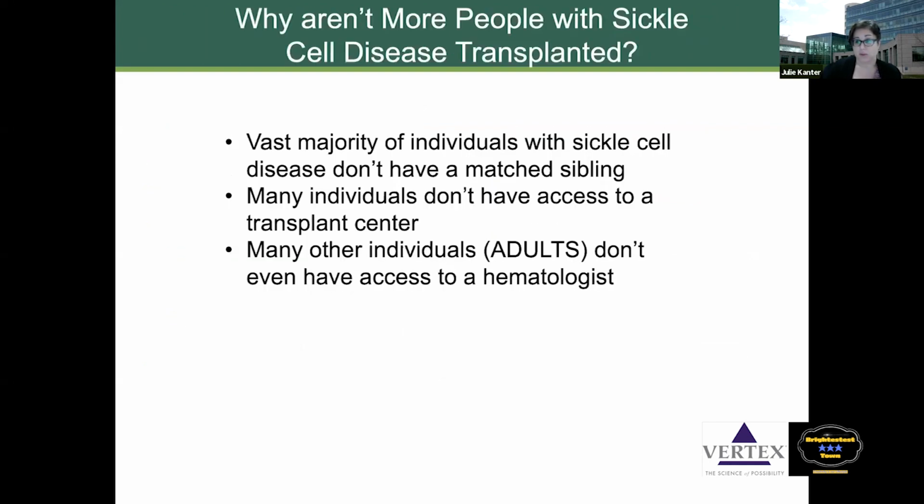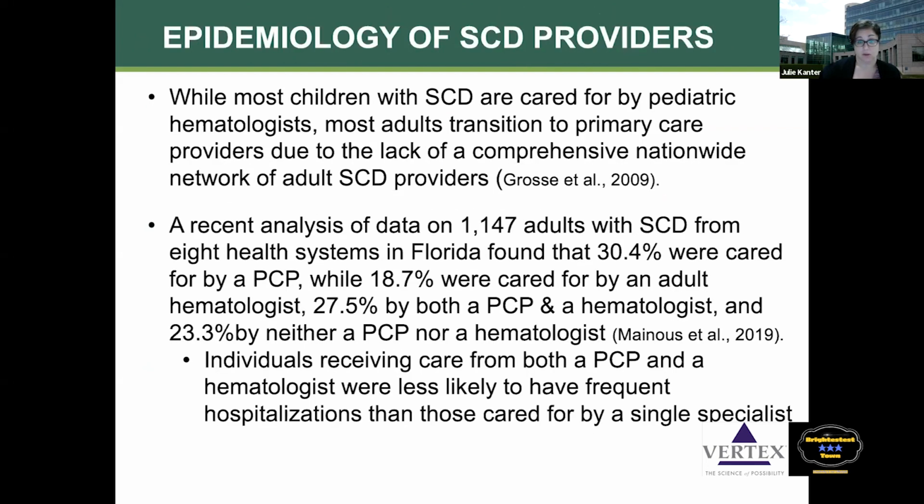So of course, the other problem is many individuals don't have access to a transplant center, and many adults don't even have access to a hematologist to get advice on optimal therapies. It's important to note that a recent analysis from Florida on almost 1,200 adults found that only 30% had a primary care doctor, only 18% had an adult hematologist.